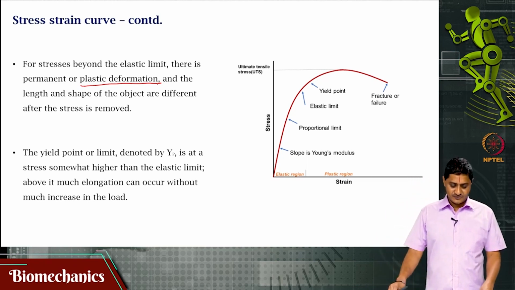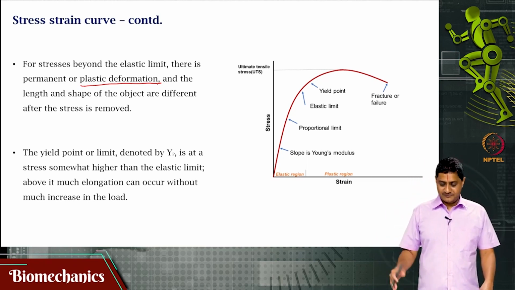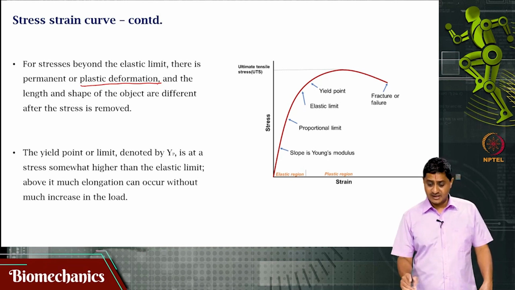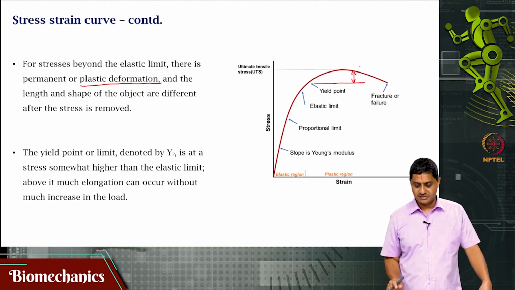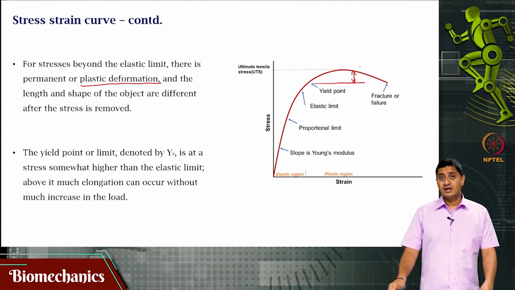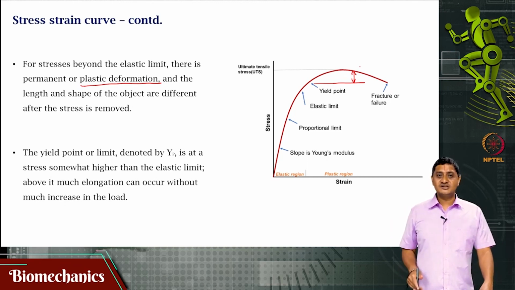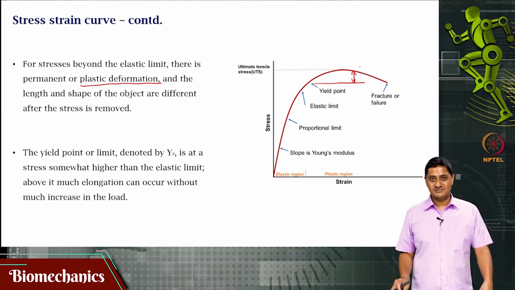And if you further apply stress beyond the elastic limit, there is a particular point at which a lot of elongation can happen with a very small change in stress. For very small changes of stress, the elongation will be very high, right.